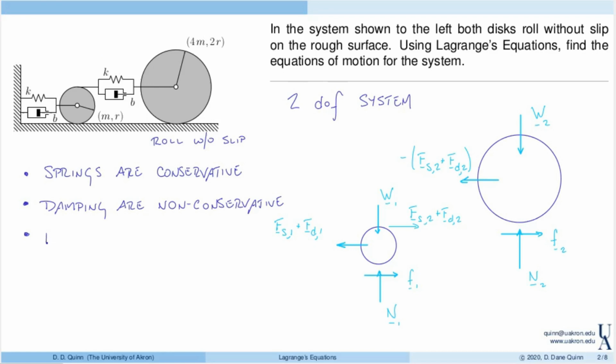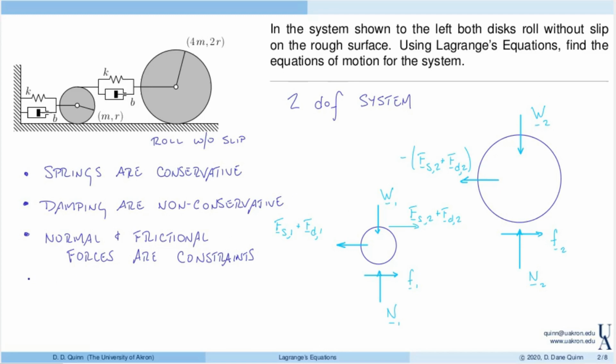Finally, the normal and frictional forces, those are constraint forces. They impose the no slip condition and the fact that the disk can't move through the surface. So they're constraints. They do no work, and they don't enter into Lagrange's equations, except through the kinematic relationships.